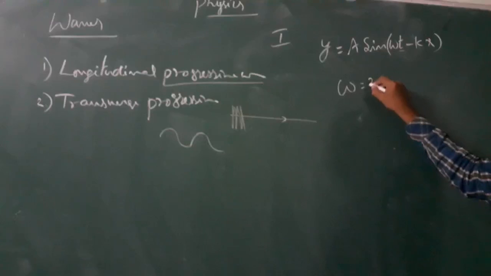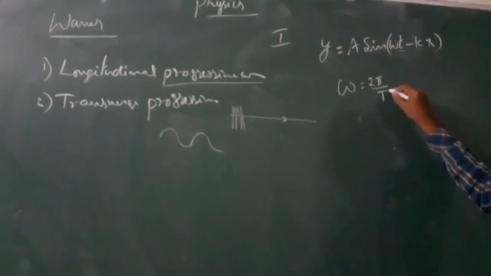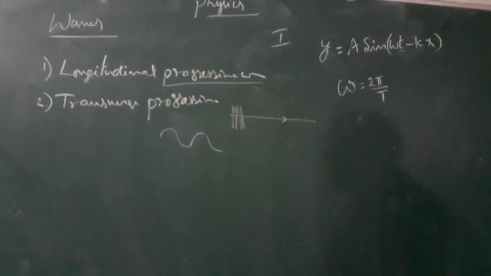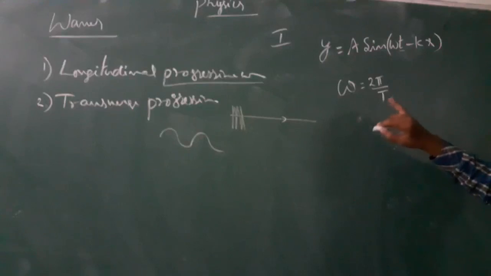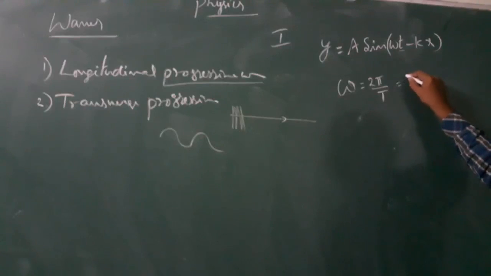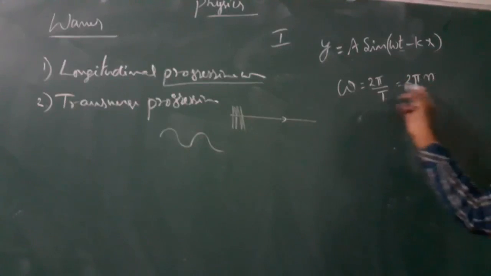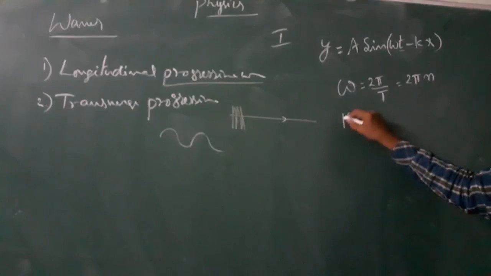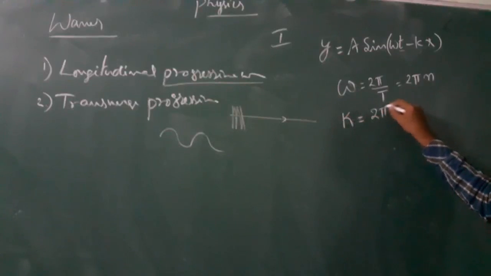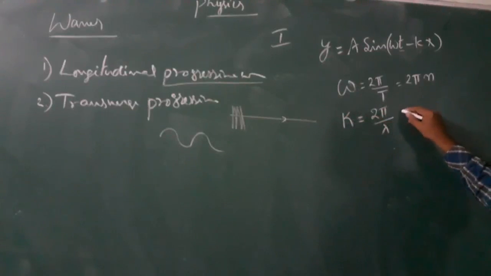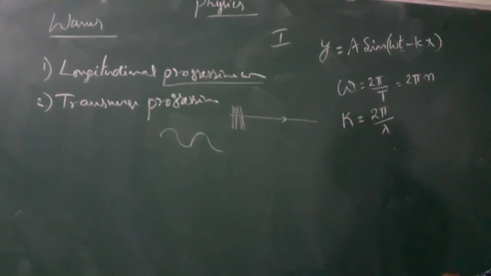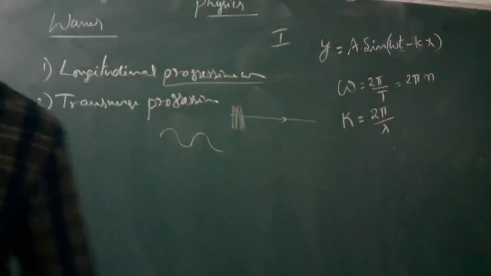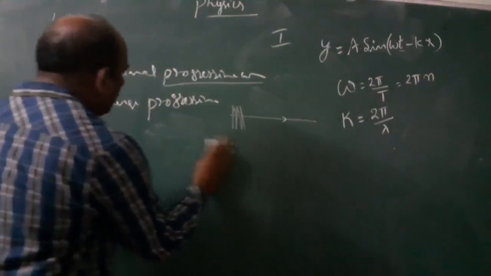Omega is the angular frequency, 2π/T, where T is the time period. 1/T is the frequency, 2πn, as we already learned in SHM. And k is the angular wave number, 2π/λ, where λ is the wavelength. The distance travelled by the wave during the time period is called the wavelength.